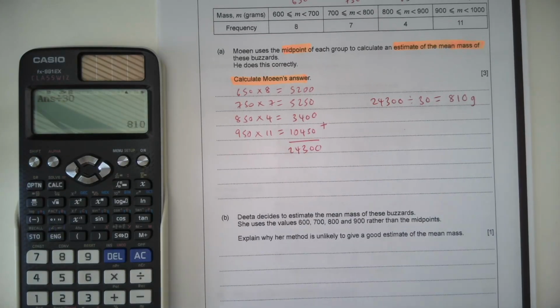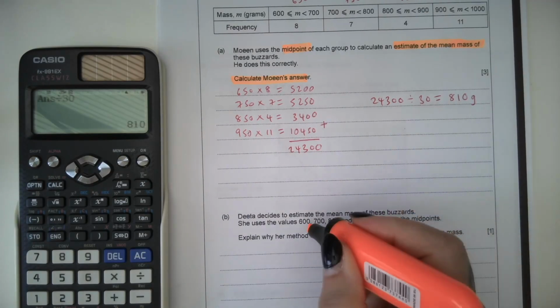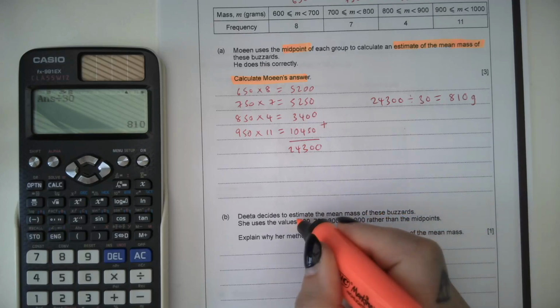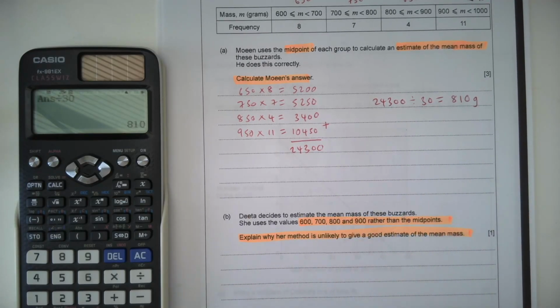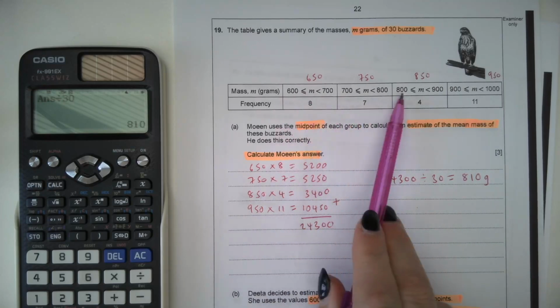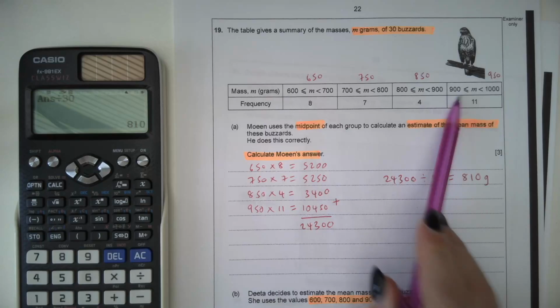Part B. Dita decides to estimate the mean mass of these buzzards. She uses the values 600, 700, 800 and 900 rather than the midpoints. Explain why her method is unlikely to give a good estimate of the mean mass. Okay, so she's using the lowest value that these data points could be.